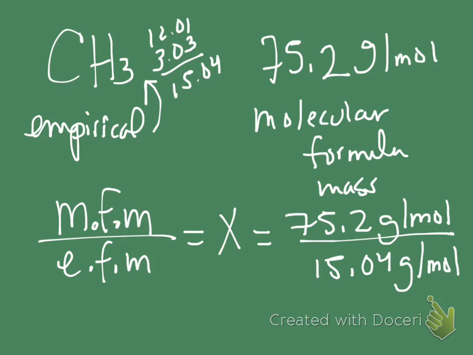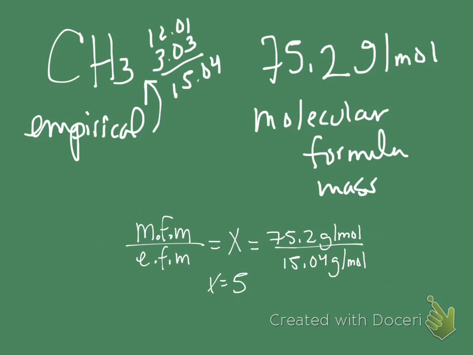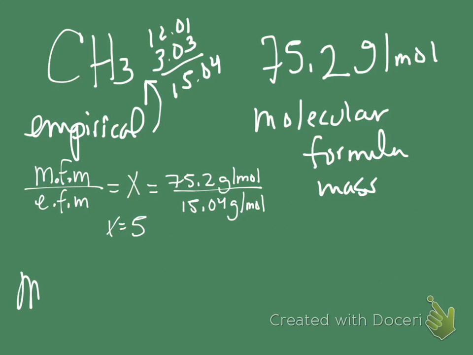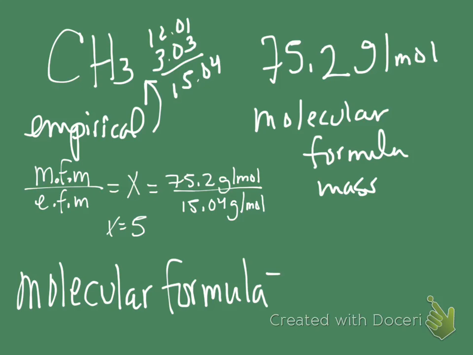Yeah. So what's my molecular formula? Let me shrink this. If my multiplier is 5, my molecular formula is C5H15. It's a big old hydrocarbon.